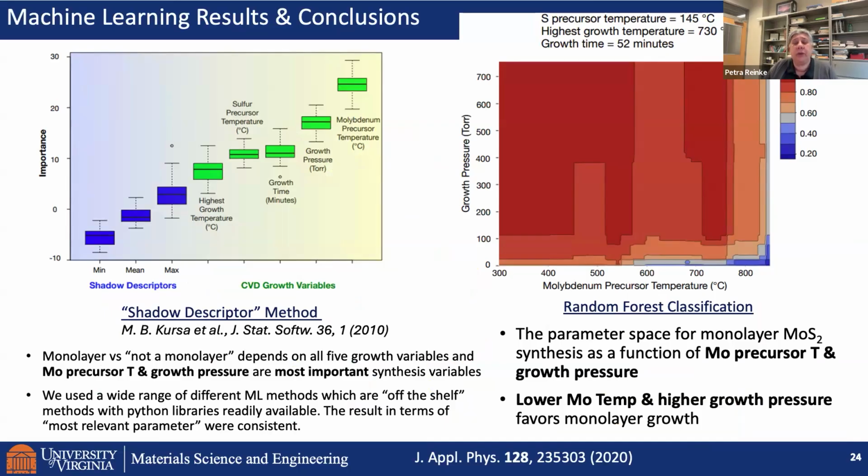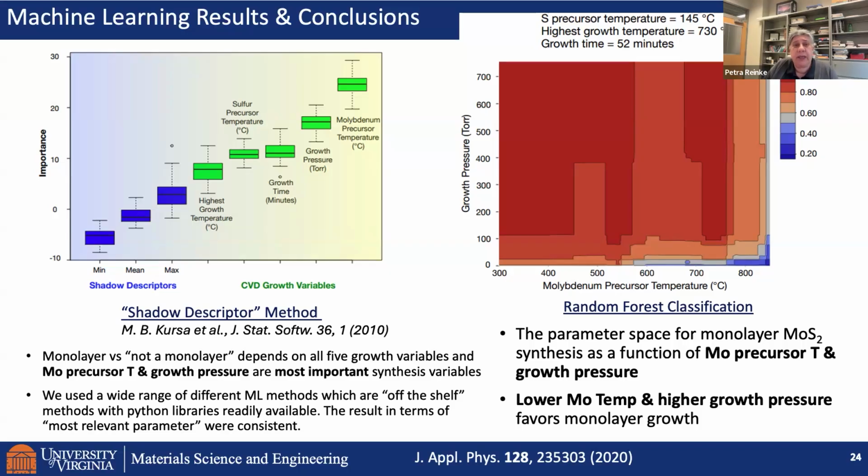However, with all the different machine learning methods, we could really faithfully reproduce and understand which one is the most important parameter. And I think that for anybody who's grown stuff, that's probably pretty intuitive. You have the precursor temperature and you have the growth pressure, and then the time and the temperature of the precursor are the next two important ones.